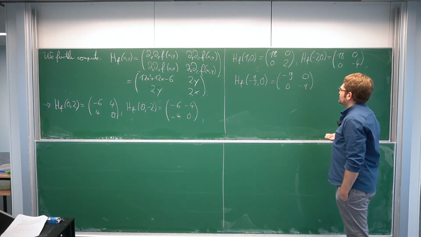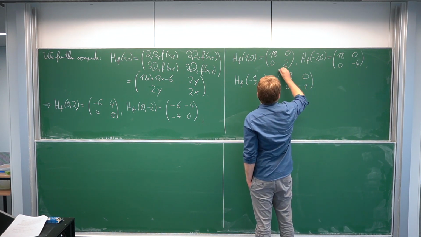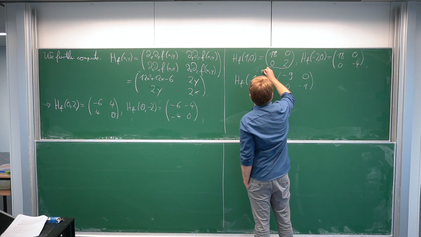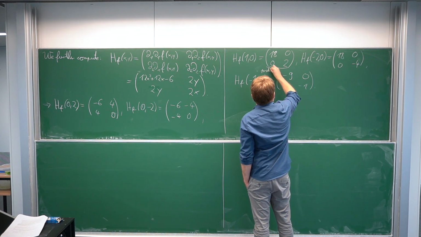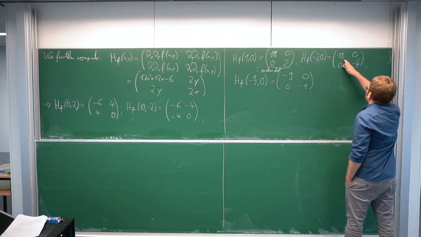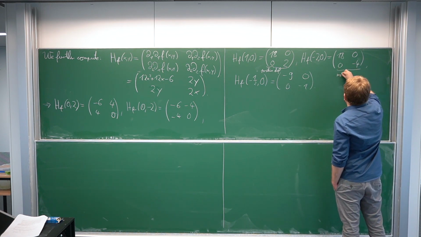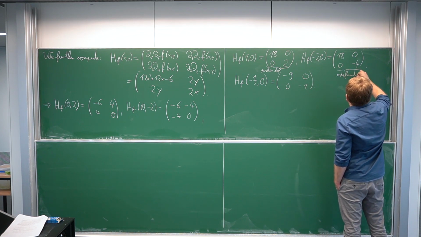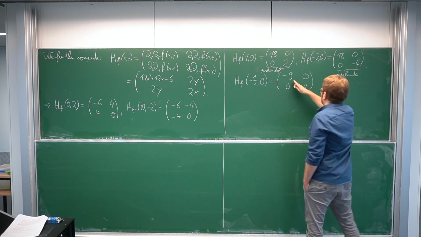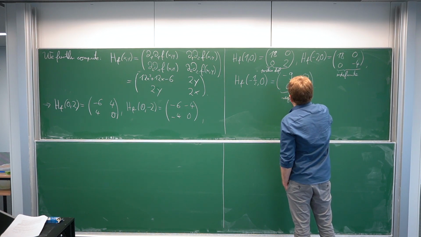The eigenvalues are just the values on the diagonal. So here we have two positive numbers on the diagonal, so this is positive definite. Here we see that we have a positive and a negative eigenvalue, so this is indefinite. And here it's negative definite, because we have two negative eigenvalues.